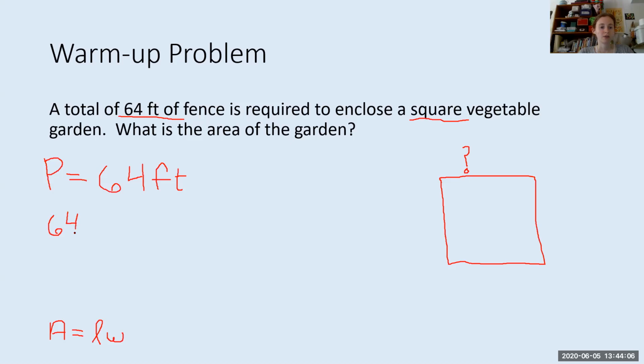If I want to cut that up into four equal parts, into the four equal sides, I can divide it. So 64 feet divided by four equal sides will give me an answer of 16 feet per side. So 16 feet for each side of this square.